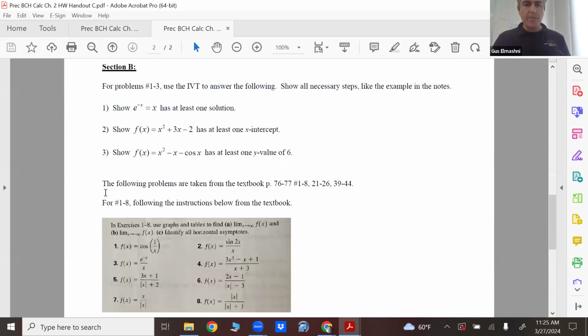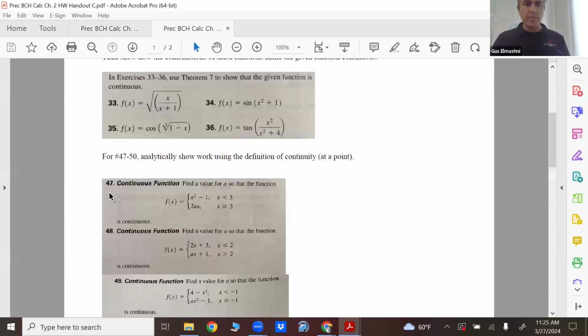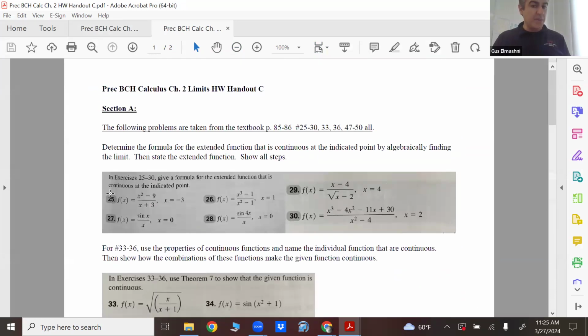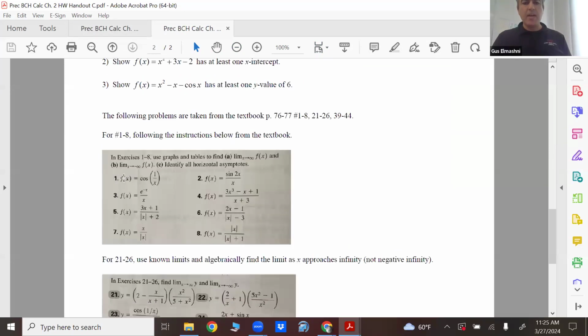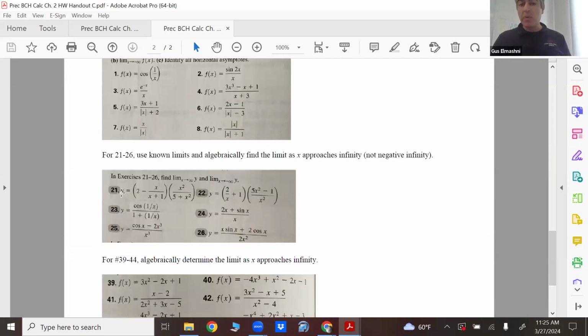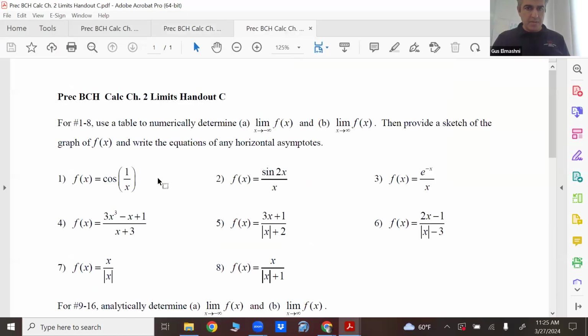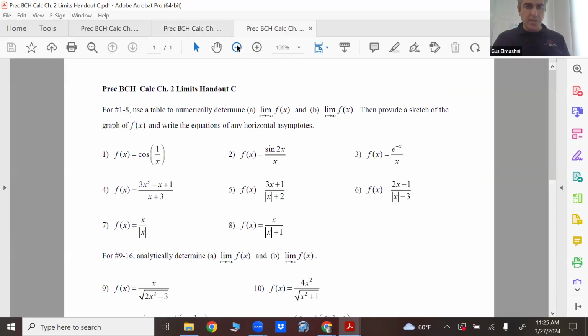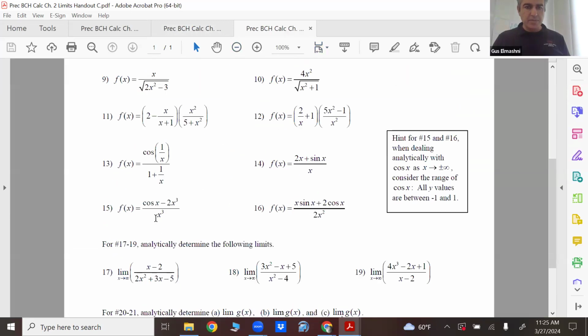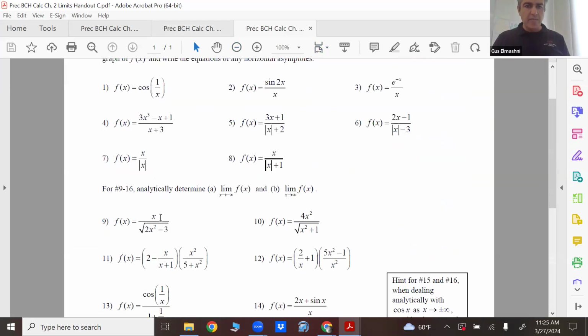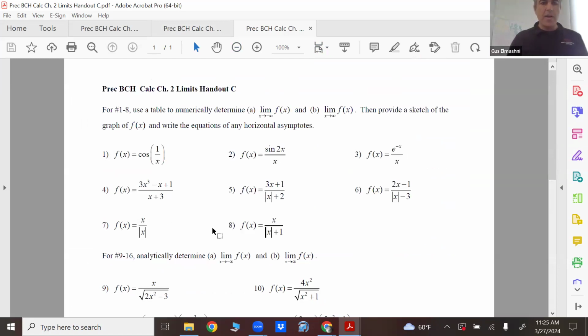So definitely after number 3 on section B of handout C, I know it's a little confusing. Handout C, after number 3 of section B, we do those problems, those images you see. And there's a second part too, we do this also. Did I call it section C?